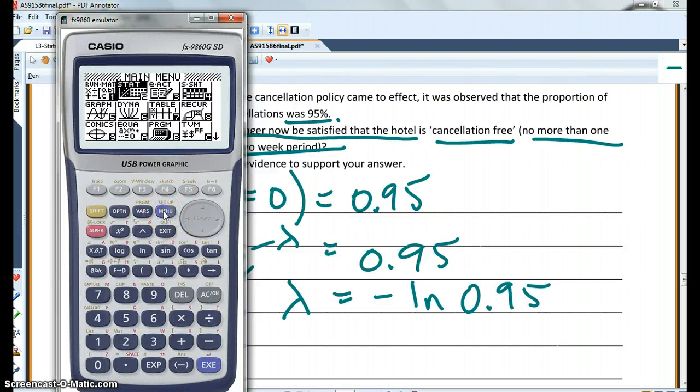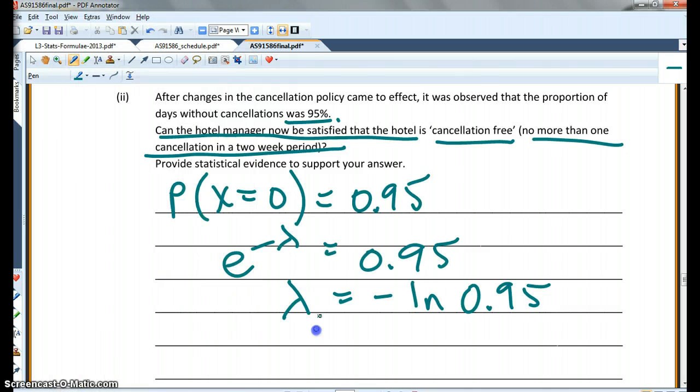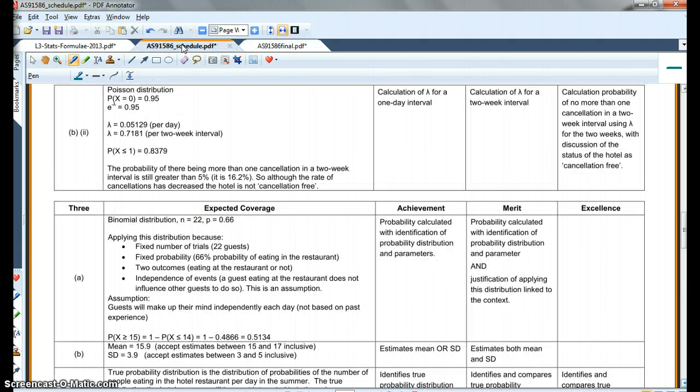So we go menu, we go negative ln, and 0.95, and I get lambda equals... now just check that's right on my schedule. Yes, for one day.